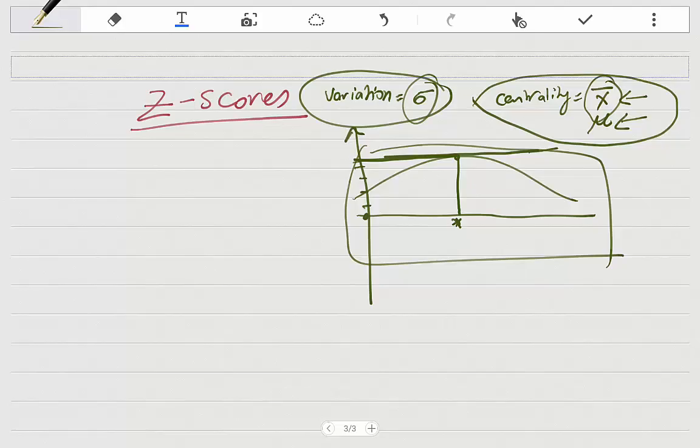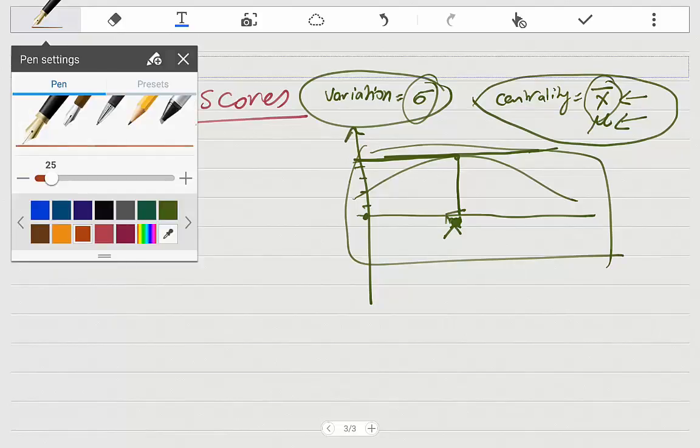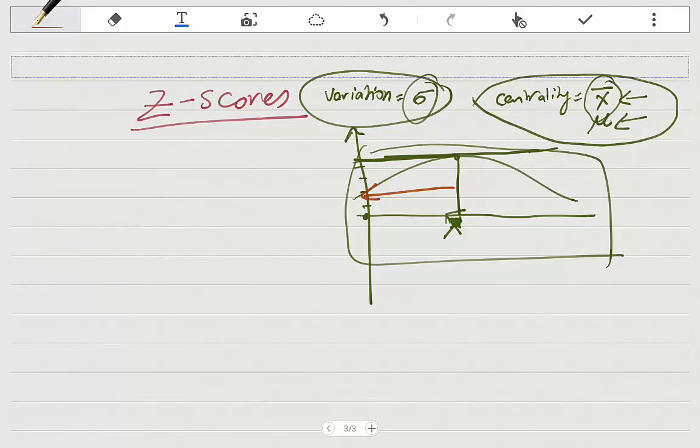In your data set, your mean is most likely to be most frequent. Another thing you will see is it is at the center of the data. Half the data is left of this mean, half the data is right of this mean. That's exactly why we call the mean the measure of centrality of data.